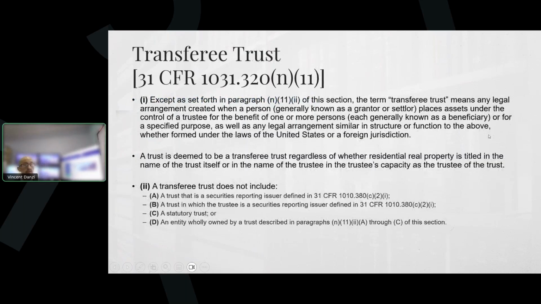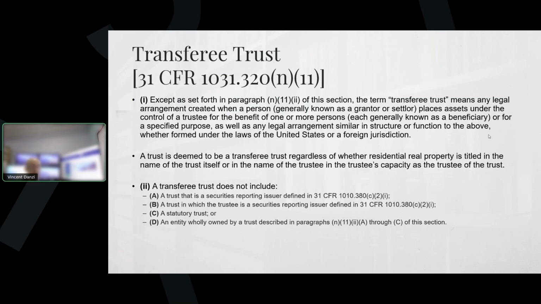Okay, transferee trust. Again, transferee trust has a pretty broad definition. It means any legal arrangement created when a person, generally known as the grantor or settlor, places assets under the control of a trustee for the benefit of one or more persons, each generally known as a beneficiary, or for a specified purpose, as well as any legal arrangement similar in structure or function to the above, whether formed under the laws of the United States or a foreign jurisdiction.